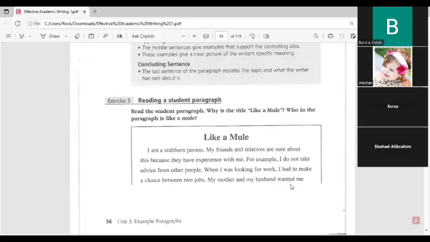He is just determined not to change his ideas. So mule can be used to describe a person who is stubborn. And also it is an animal similar to a donkey.